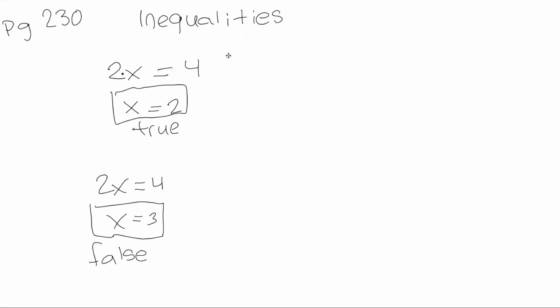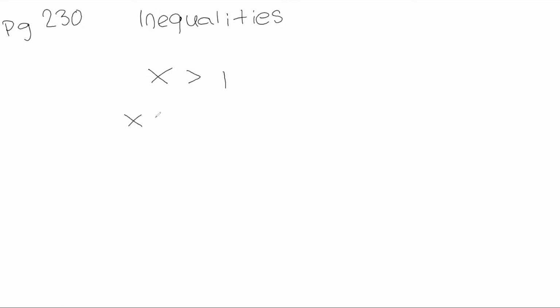Inequalities are a bit different, though. They're similar to equations in some ways and different in other ways. An example of an inequality would be something like this. x has to be greater than 1. An equation sometimes has multiple solutions, but the ones we're exploring in this class, like 2x equals 4, only has one solution. Inequalities, though, have multiple solutions.